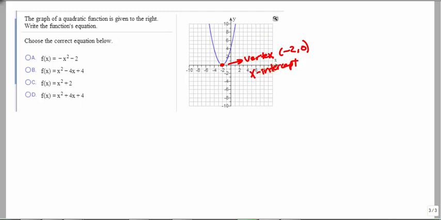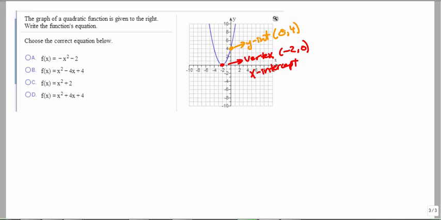And then I also see up here, I have a y-intercept. And this y-intercept is at (0, 4). So for these types of problems, there's more than one way to work them, of course, but one thing that I might suggest is trying to figure out from the intercepts which is the correct function. And again, you could graph each one of these as well.